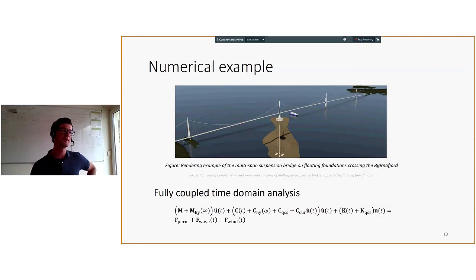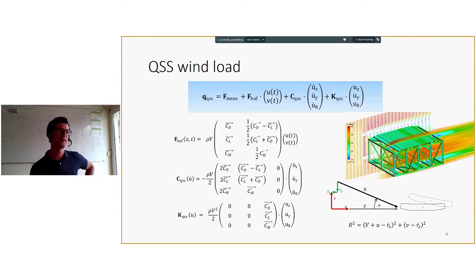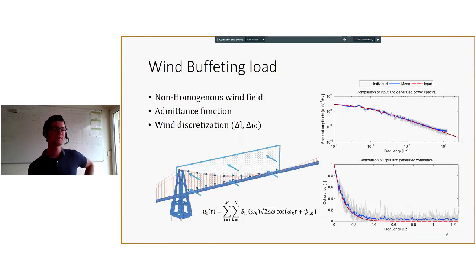This is the general presentation of what we're doing here: creating these turbulences, which are then projected onto a bridge. During this calculation of the turbulence, you can either assume that it is homogeneous over the whole bridge and over the height, which is not really a realistic assumption.